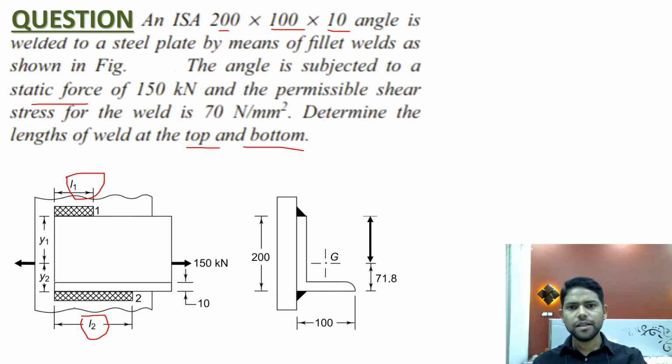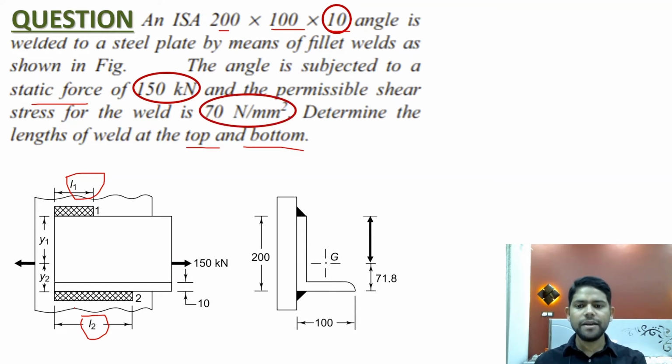First of all, let's see what parameters are given to us in the question. The first parameter is the height of the plate, or h in case of the weld, or the leg dimension of the weld. The second parameter is the static force acting on the plate, which is 150 kilonewtons.